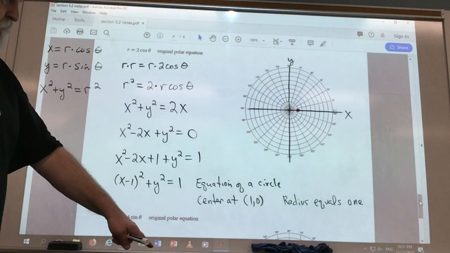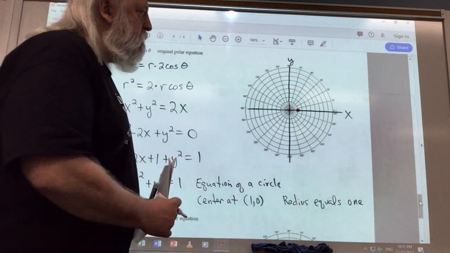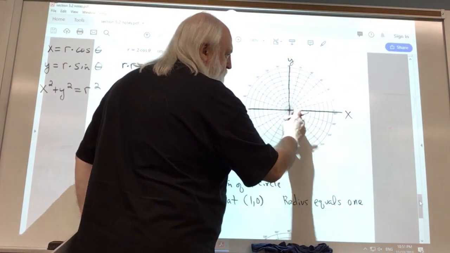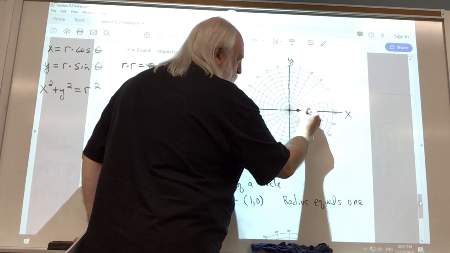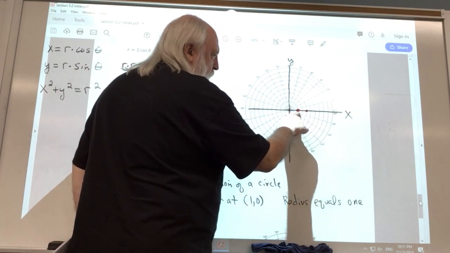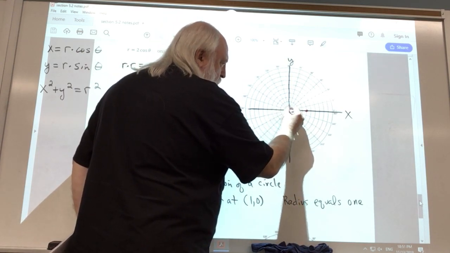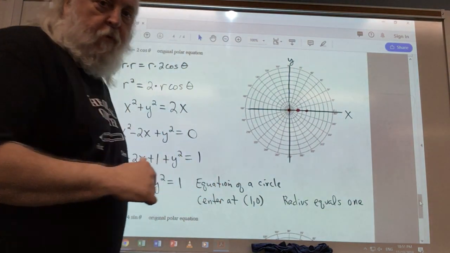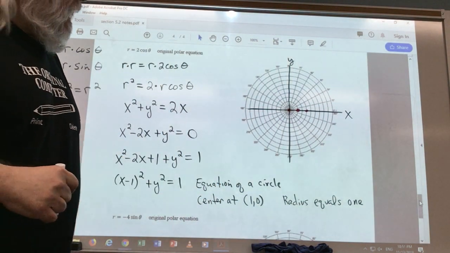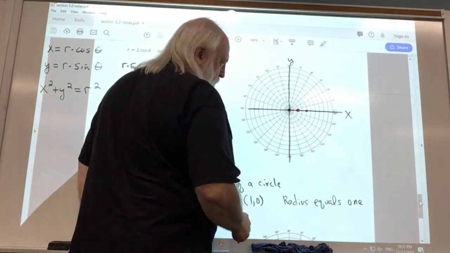And then the radius of the circle is 1 unit. So here's the center. I got to go 2 circles to the right of it to get the right edge of the circle. And then here's the center. I got to go 2 circles to the left to get the left edge. But the left edge goes through the pole, or through the origin. And I can't go up 2 circles and I can't go down 2 circles.